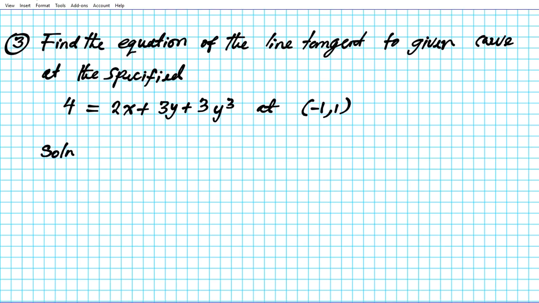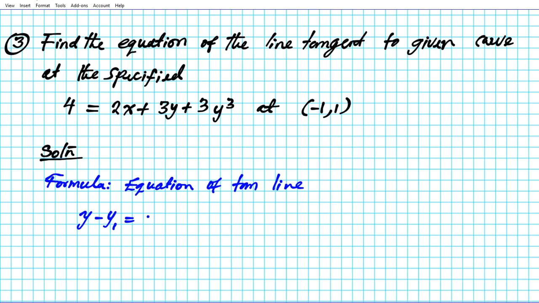Now, when we're looking for the equation of the tangent line, we're going to be using the formula for the equation of a tangent line: y minus y1 equals m times x minus x1.